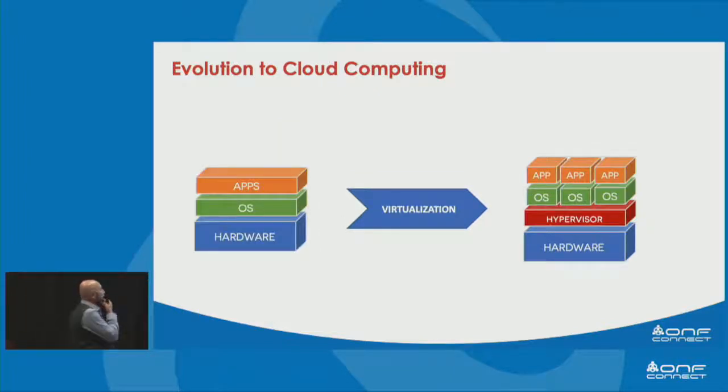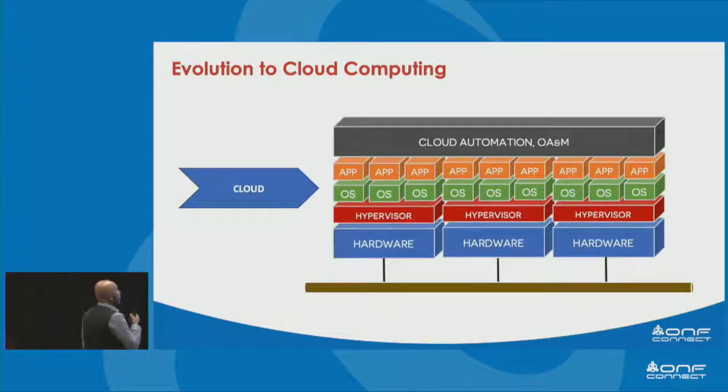Then the next phase was virtualization. We went through this phase as well. We added a hypervisor between the hardware and the operating system so that the limited resources could seem as many as we wanted them to be. And we created an environment like this.